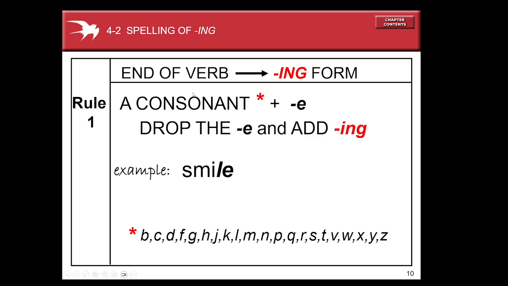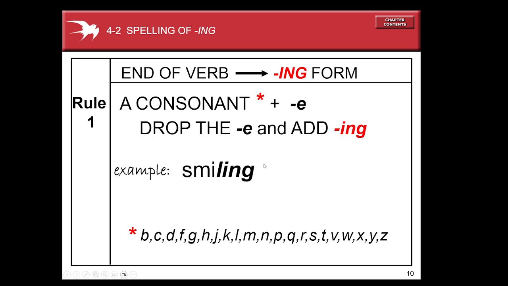Drop the letter E. When we say drop, that means we need to get rid of the letter E, and add the suffix -ing. You see? So we have smile, now it is smiling. Smile, smiling.